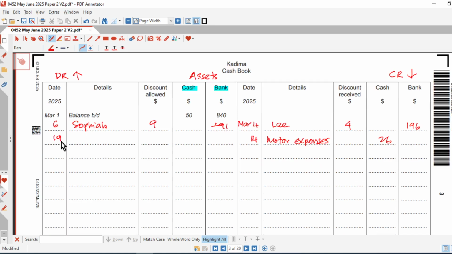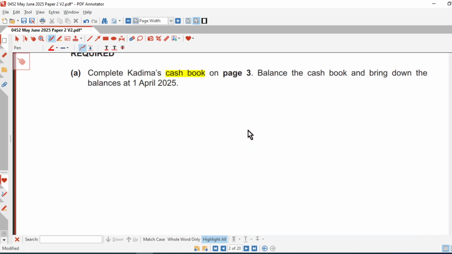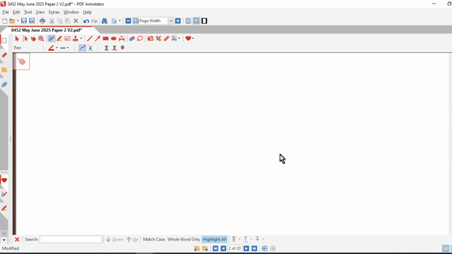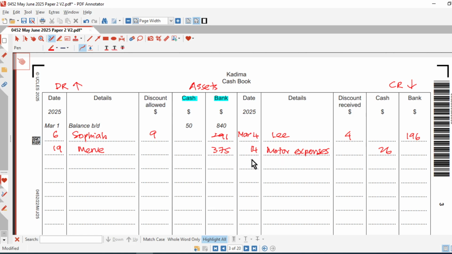So 19, we have Murph here, 375 by bank transfer. 22nd, you paid Mark 240 with a $10 discount. So 22nd, you paid Mark 240, $10 discount.